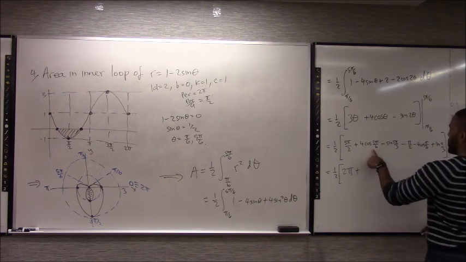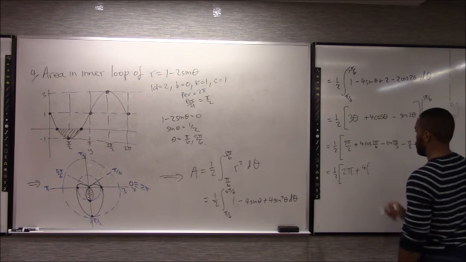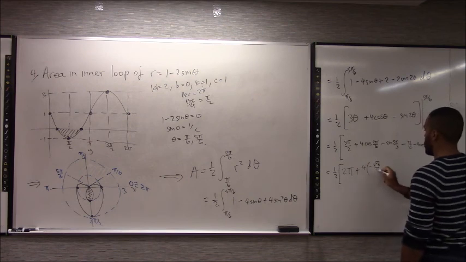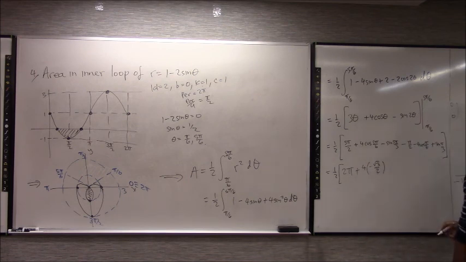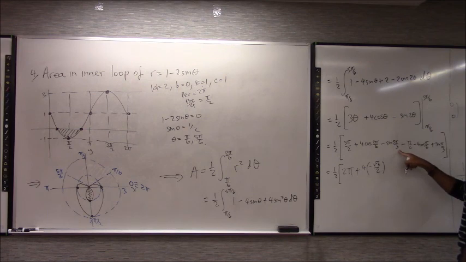Cosine of 5 pi over 6 is what? Negative root 3 over 2. Negative radical 3 over 2. Sine of 5 pi over 3? Root 3 over 2. No. Yes, but what quadrant is 5 pi over 3 in?